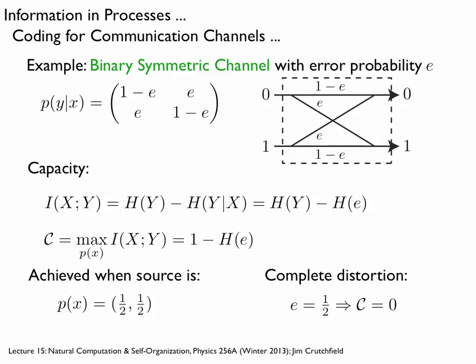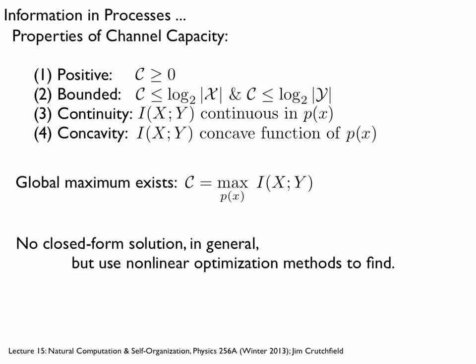There would be no way to reconstruct what's going on here, because h of half would be 1. We have 0 capacity. So it's a little surprising that, with e being non-zero, with there being any bit of error, you can actually transmit information reliably over that. And that's Shannon's main result, which we'll get to.